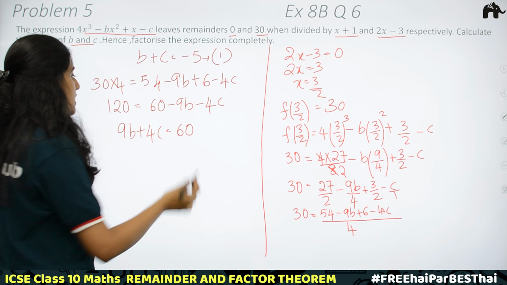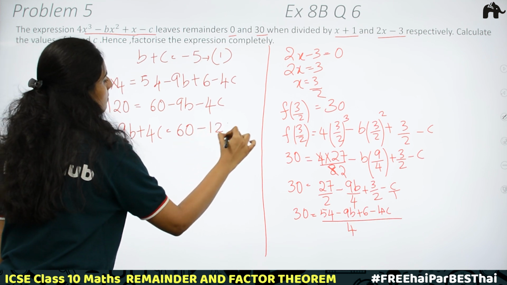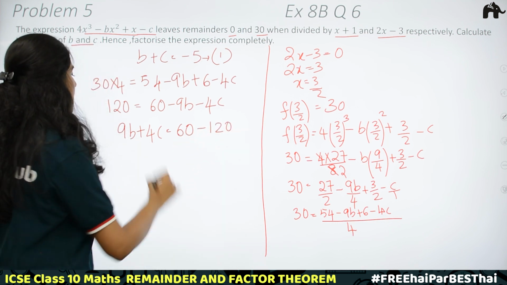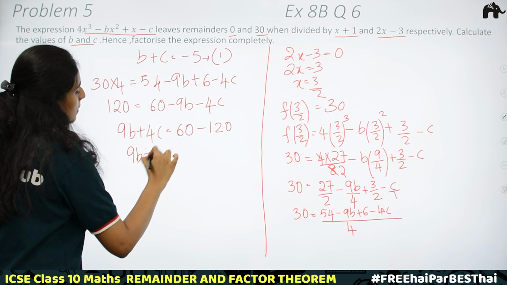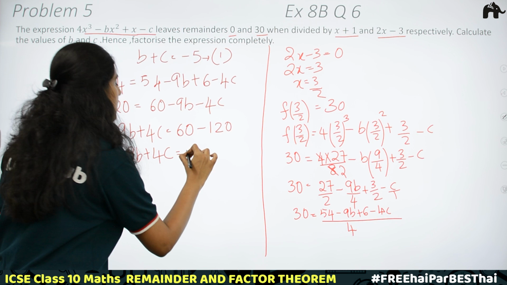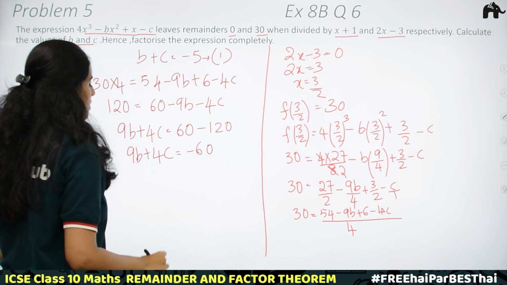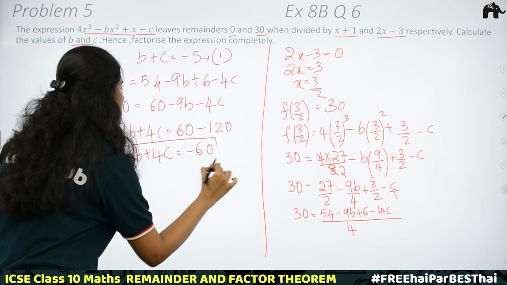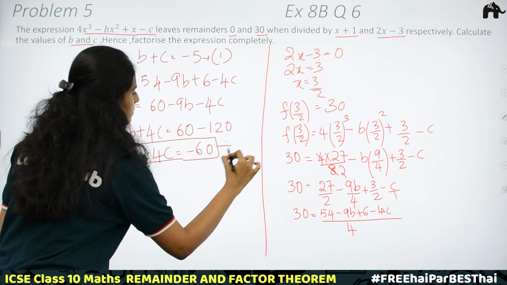Carrying this minus side, it becomes minus 120. Okay, minus 120. That is 9b plus 4c is equal to 60 minus 120 is minus 60. This is our second equation.